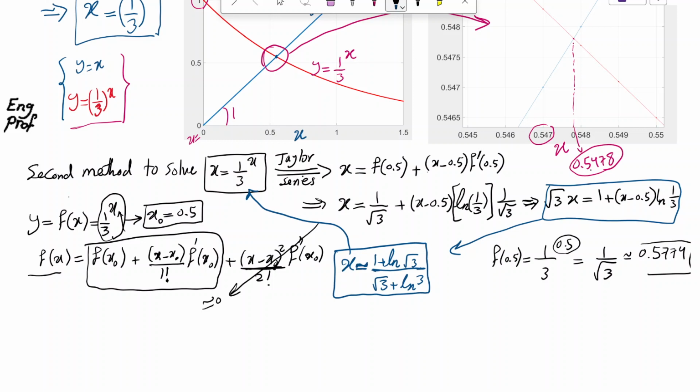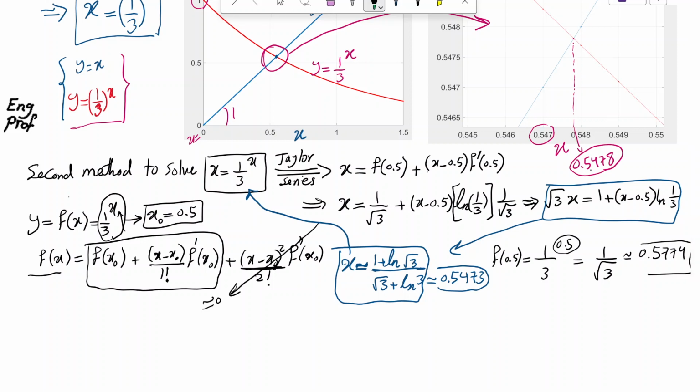And if you calculate this, interestingly, the answer is roughly equal to 0.5473, which is very close to what we found earlier.